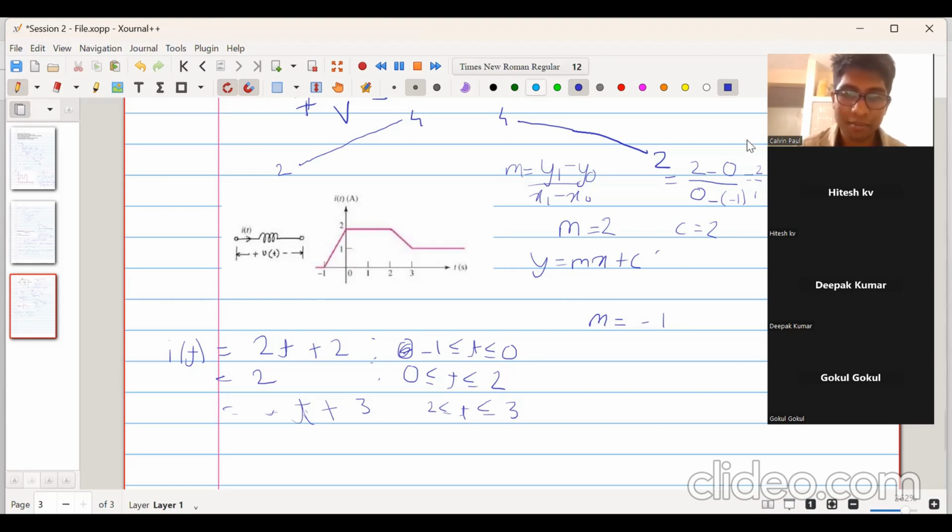If we put time t equal to 3 seconds in this, it will be -3 plus 3, that is 0. But the inductor current is 1. So this equation is not correct. Is it -t plus 1? No. Still not solved.